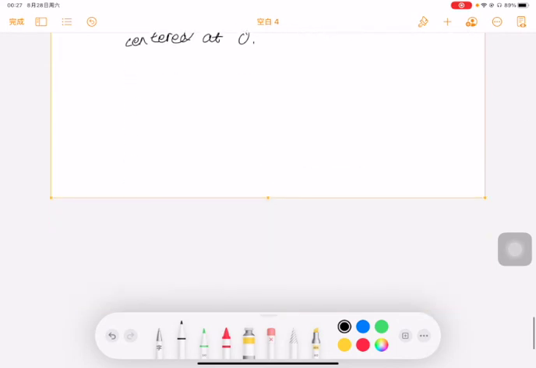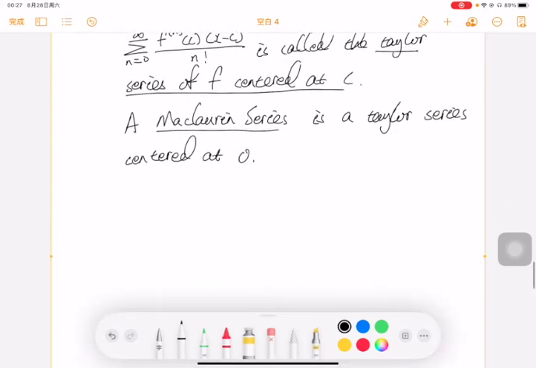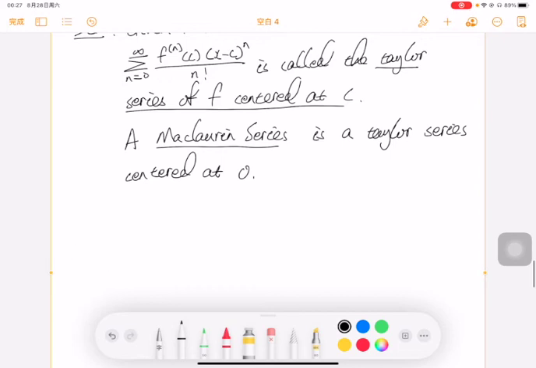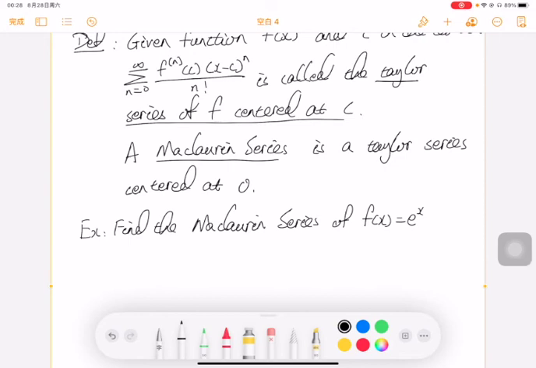All right, with this definition in mind, let's look at this example. We want to find the Maclaurin series of f of x equals e to the x. Remember that a Maclaurin series is a Taylor series centered at 0.